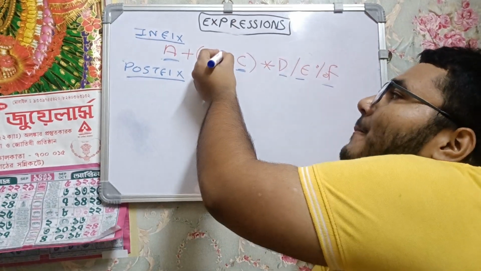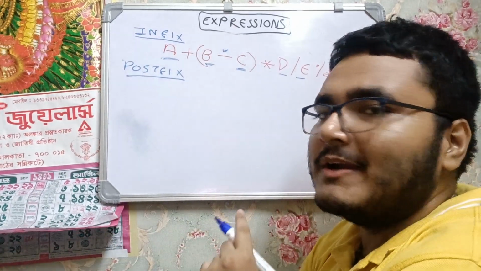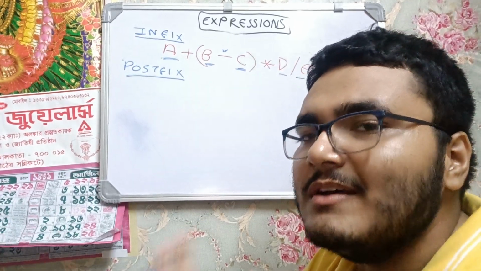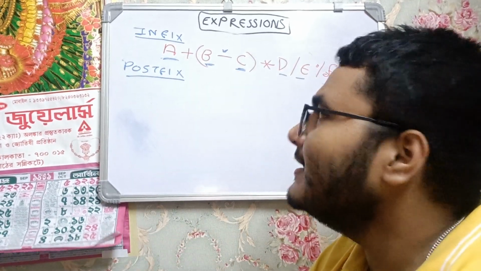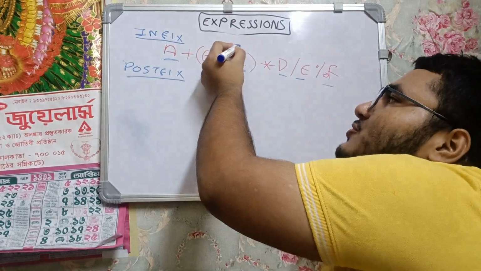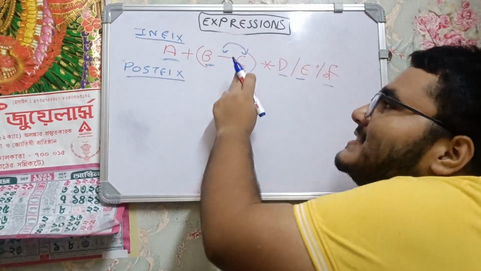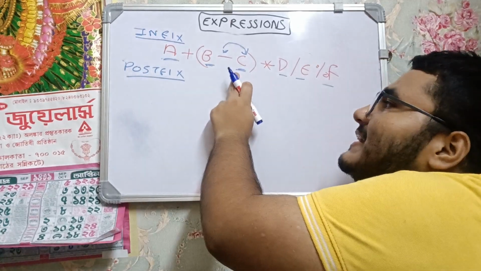If this is the operator, where are we going to shift it? Towards the right, right? So what is the nearest second operand? C, right? C is the nearest second operand.